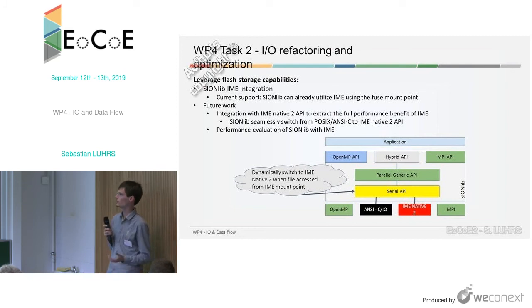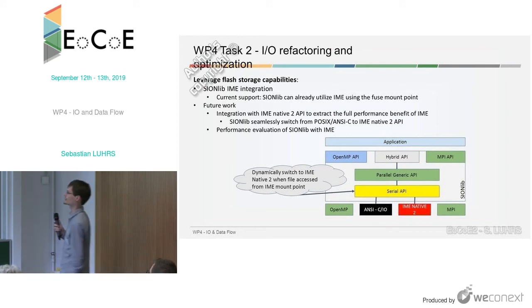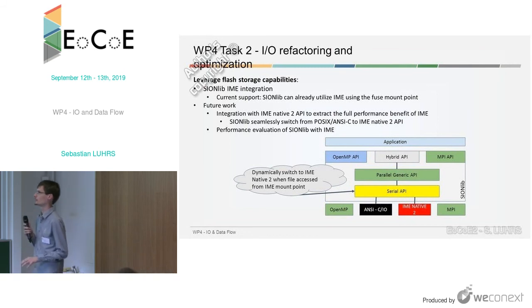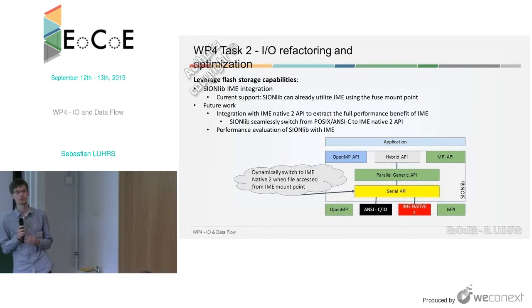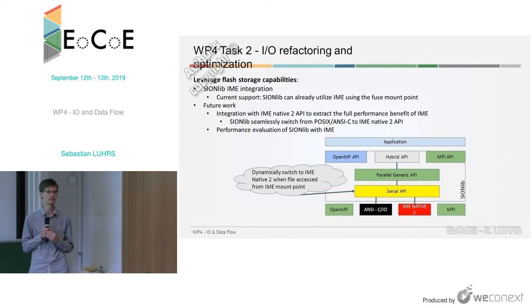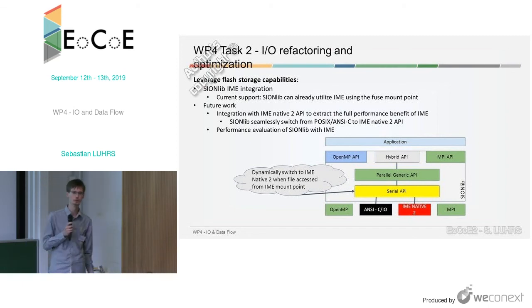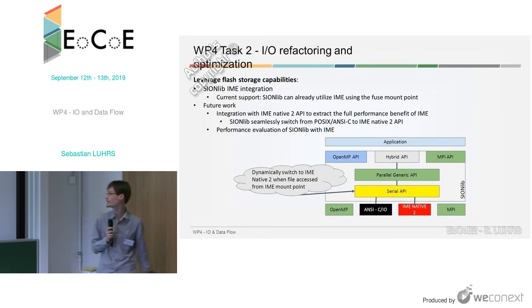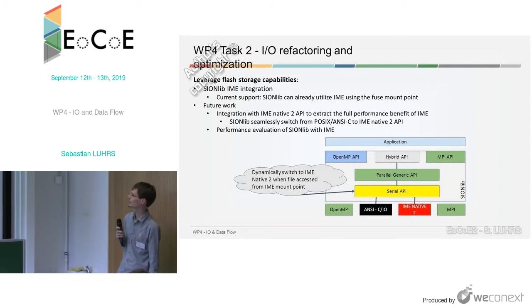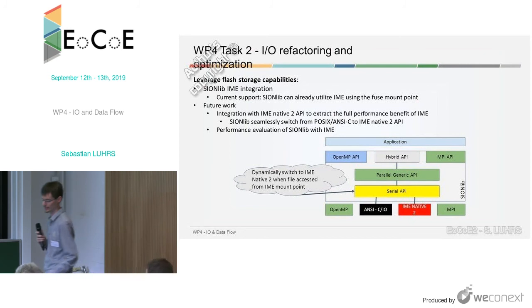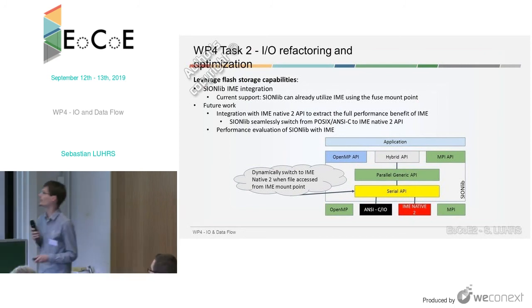For this, we are happy to have DDN within the project and their IME approach. Here we have one task on using their IME approach and integrating it within our SIONlib library, which can also be used through the PDI interface. So every application which implements PDI is then directly able to use this IME interface underneath. This is a first step to also take care of this type of architecture.